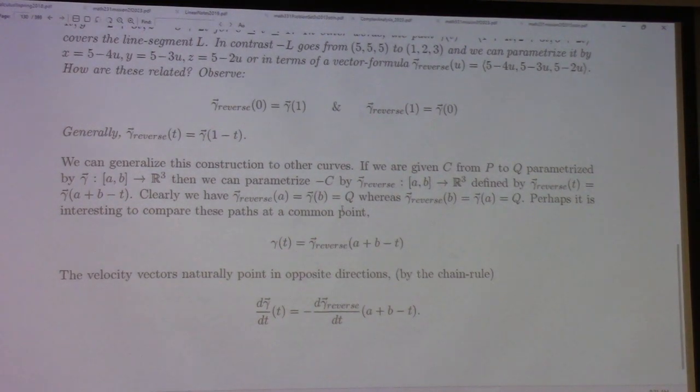All right, so just to complete the thought here, what would be the reversal for my example 1? I'm just going to write down the formula. So let's see here. A is equal to minus 1. B is equal to 3. So A plus B is 2. So I'll do it schematically here, gamma of 2 minus t, right?